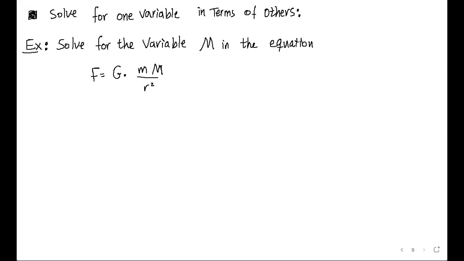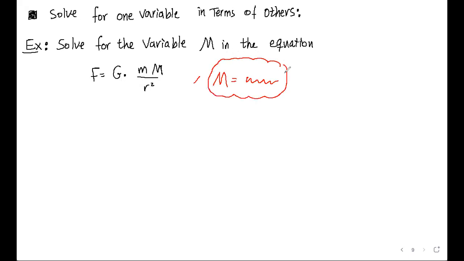Here, my question is how to solve in terms of others, like how can I solve this one by making capital M equal something? So the equation is F equal G times small m times capital M over r squared. My question is how can I solve this one in terms of capital M? This means how can I make M equal the equation? This is the idea.